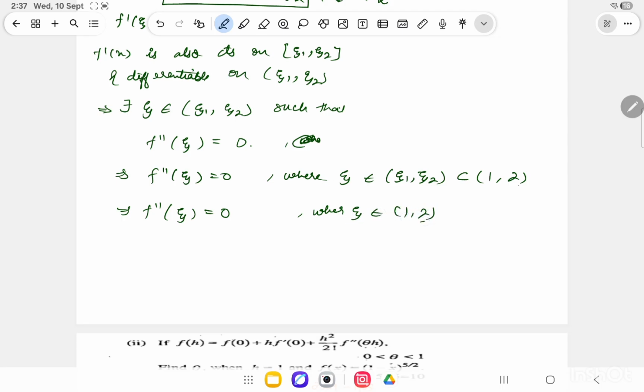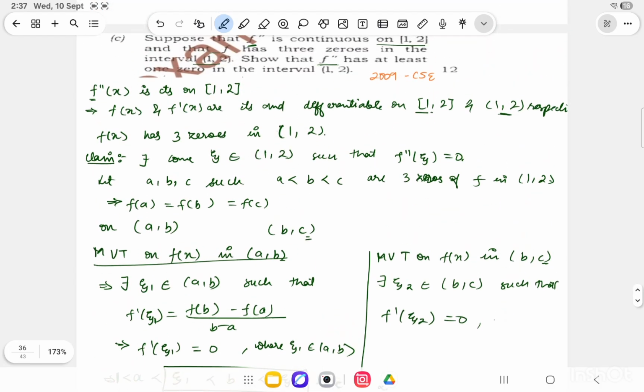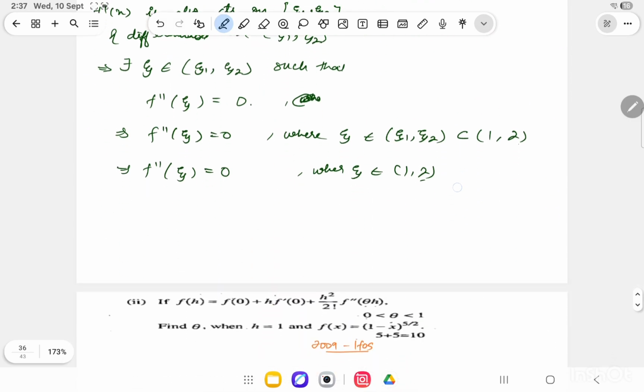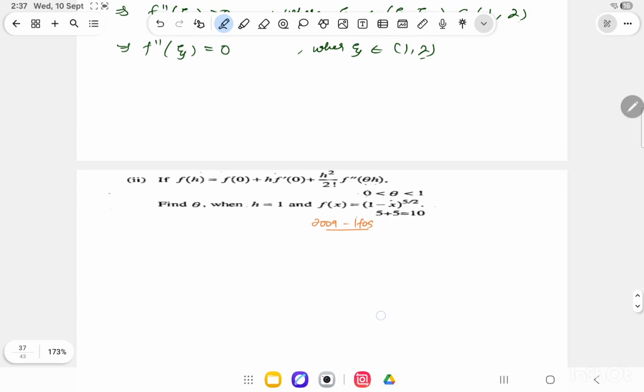So xi is basically a root of f''(x) in the open interval (1, 2), and that's what we are supposed to prove in this question. That is, we are supposed to show that f'' has at least 1 zero in the interval (1, 2), and we got that zero as xi in (1, 2). So that's all for that question.